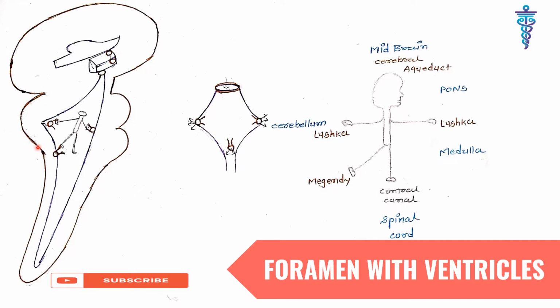Put your hands into the foramina of Luschka, and one leg moves posteriorly into the Magendie, and the other leg keeps on the central canal. But on your head, what is here? It is the cerebral aqueduct of the midbrain. So practice it wherever you are. Now it is easy to remember the position of the foramina with their ventricles.